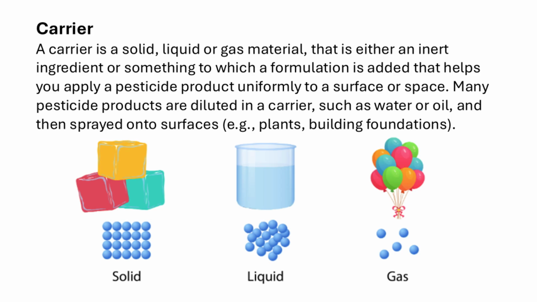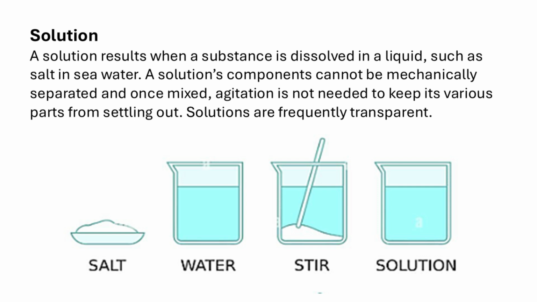Many pesticide products are diluted in a carrier, such as water or oil, and then sprayed onto surfaces, e.g., plants, building foundations.